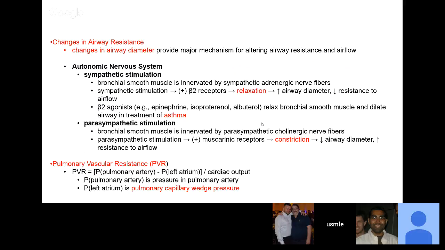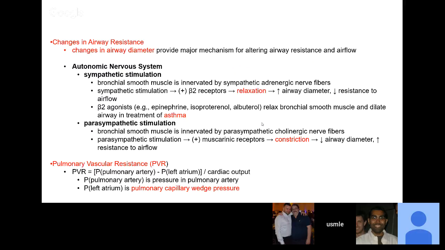So you don't bother much yourself. And as a review, the preganglionic for sympathetic is going to be acetylcholine, the postganglionic will be adrenaline or noradrenaline, while the parasympathetic is going to be preganglionic acetylcholine, postganglionic acetylcholine.